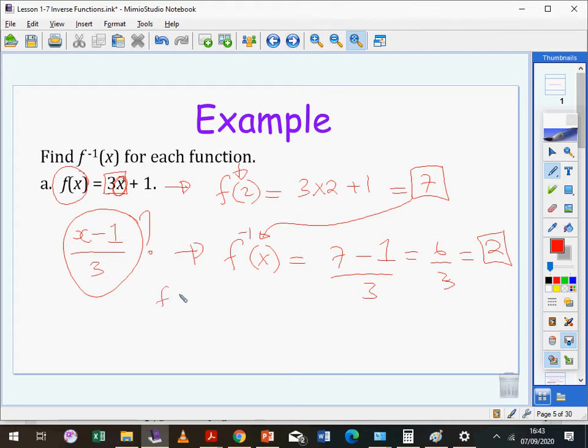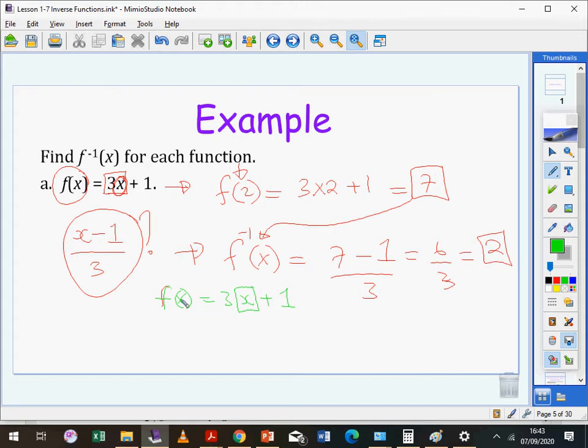f of x, let me do it again here in green, just below here. So if f of x is 3x plus 1, what I want to do is make this x the subject, and then at the end of the day, I will just flip them and call this x f of x and call this f of x x.